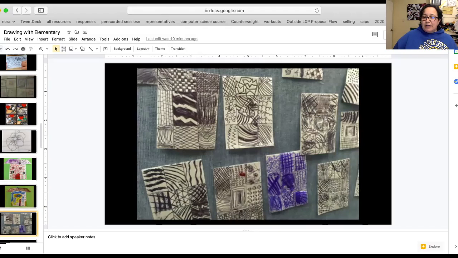And in each section, they created a different texture using a pen. Once we're done, each student hangs up their artwork in a shared wall. And now each child has access to a library of textures that were created by their peers.